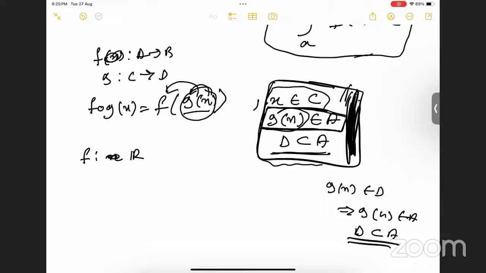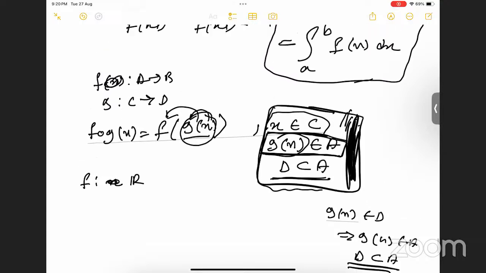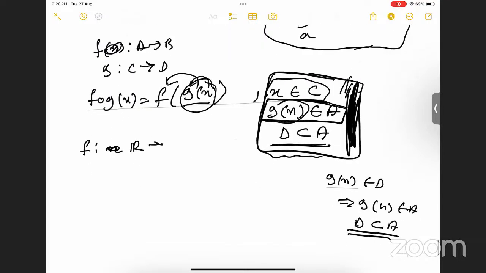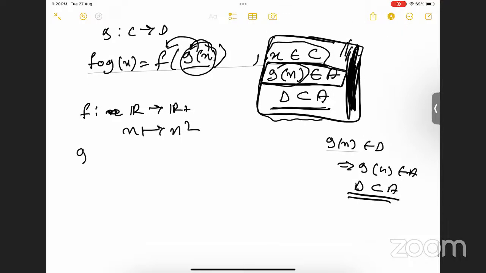Yes, ma'am. So suppose F is from R to R positive, x goes to x squared, and G is from 0, 1 to R, x going to root x.